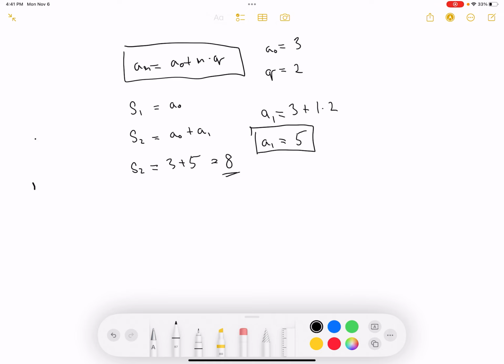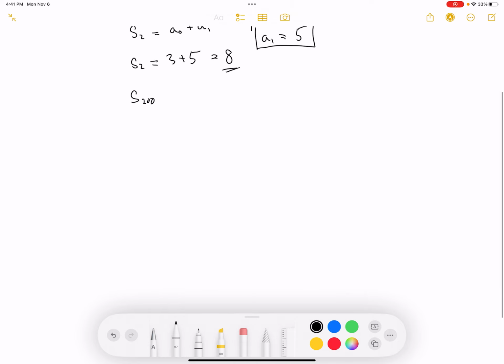Okay, what if we want to get a series of 20 terms or 200 terms? That'd be pretty lengthy to do it this way. Let's say that someone comes in and gives us a formula to universally calculate the series. And here it goes.